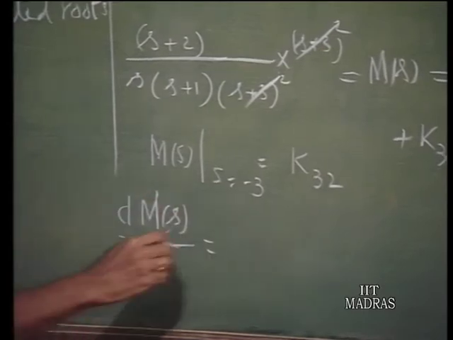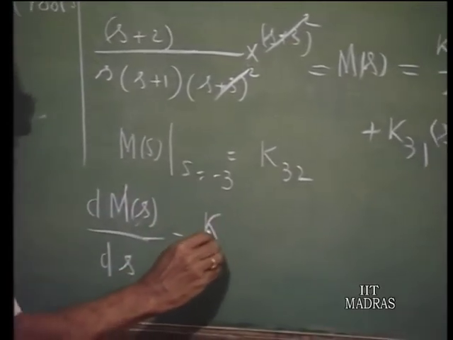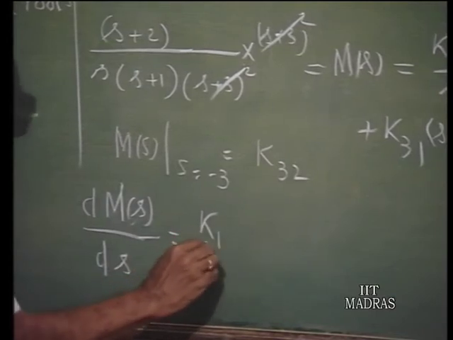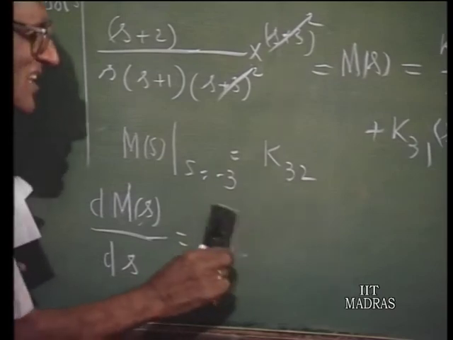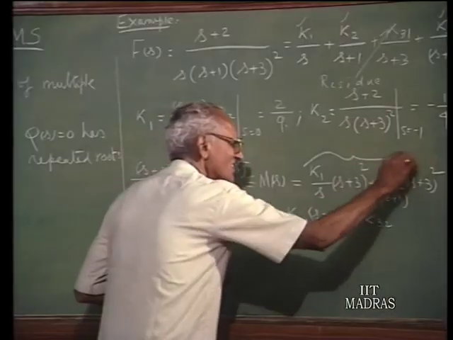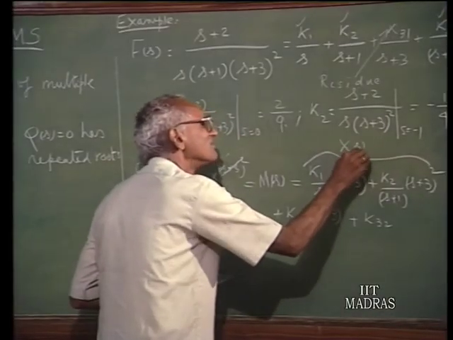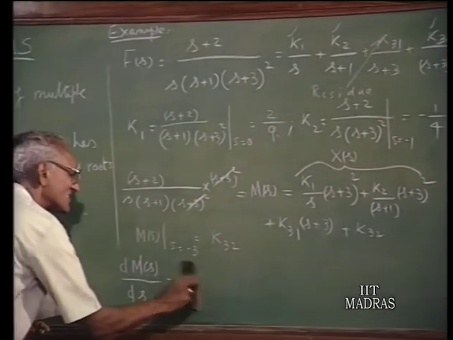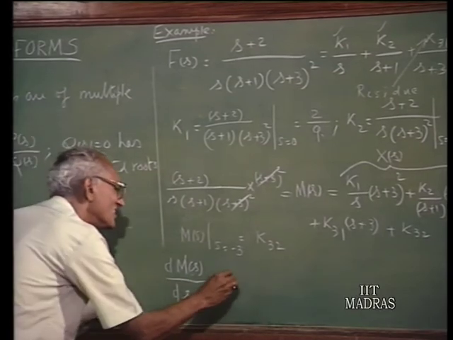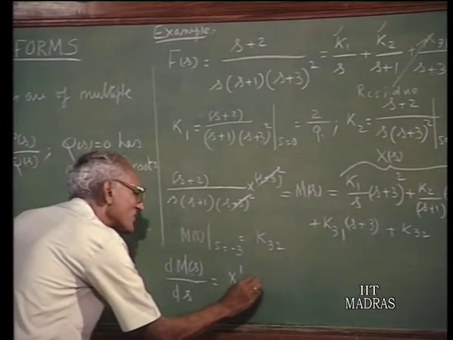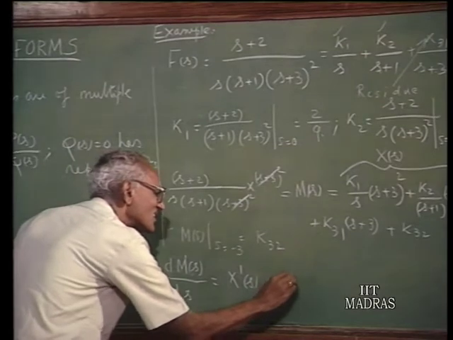equals k1, I'll simply put, suppose I call this as x of s. I have x prime of s plus k31.